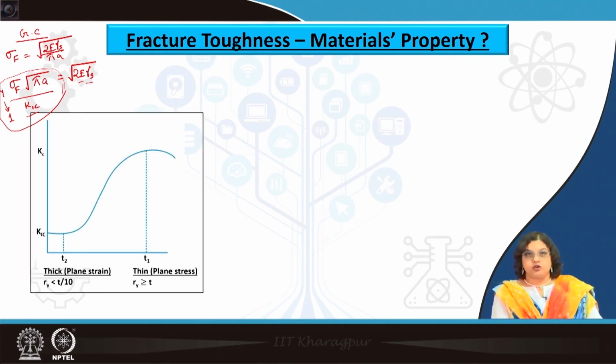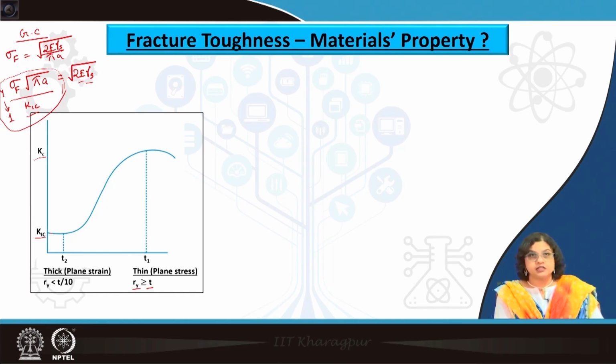But we have also seen this diagram which says that if the relation between thickness and the plastic zone size is not maintained, then plane strain condition will not be maintained or plane stress condition will not be applicable, and then we see a large variation in the fracture toughness values. Both of this, Kc or K1C, is termed as fracture toughness.